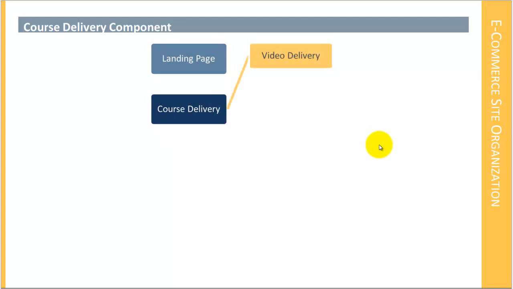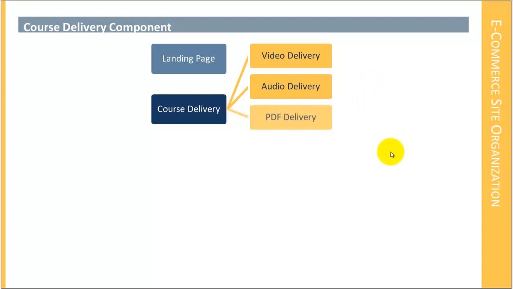And so in terms of course delivery, we will be building video delivery because a substantial part of the course will be video content. We will provide for audio delivery because perhaps you want to do podcasts or some of the stuff that you're going to do, whether it's recorded phone calls or whatever it may be. We'll have audio delivery as part of that.